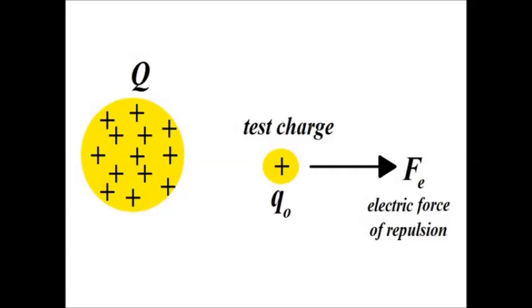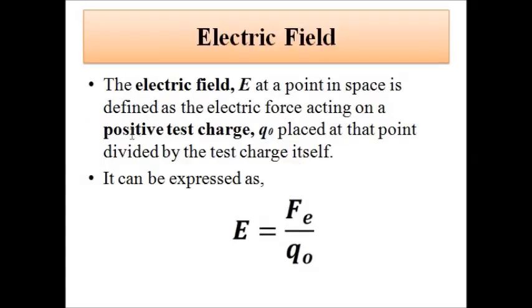Now, from this electric force of repulsion and this test charge, we will determine the electric field intensity. So here is the concept of electric field. The electric field at any point in space is defined as the electric force acting on a positive test charge divided by the test charge itself. So the electric field is expressed as the ratio between the electric force exerted on the test charge and the test charge itself, F subscript E by Q0.